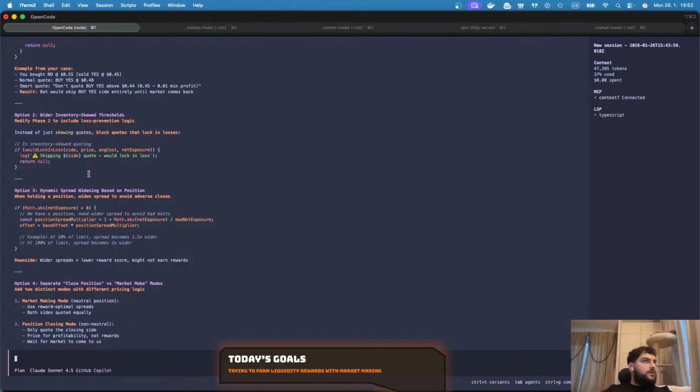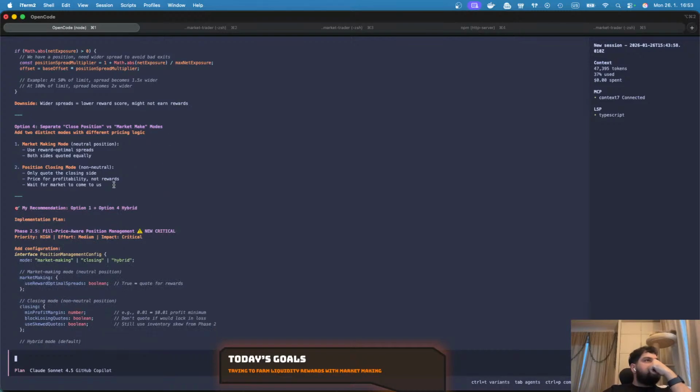Dynamic spread widening based. That's what I was thinking. Option 4, I like it more.